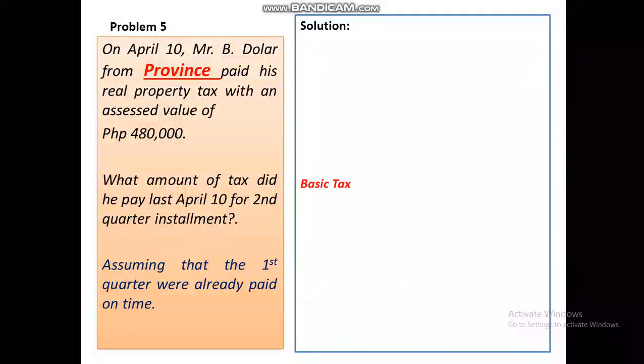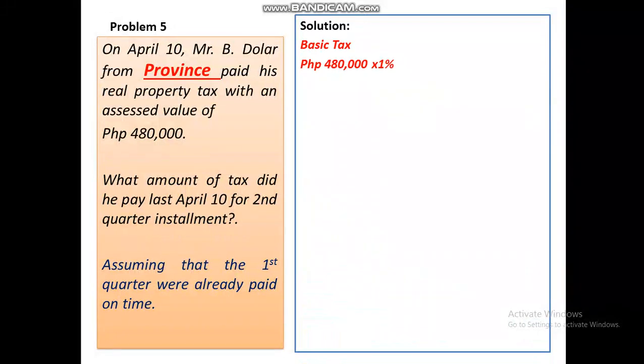So we will compute first with the basic tax that the province is 1%. So the assessed value is already computed from the fair market value times the assessment level. So this is the result. 480,000. So 480,000 times 1% is equivalent to 4,800. And of course, pag tinatanong lang po kung silent po yung problem natin, it's expected na buong RPT due yung kukumpita natin.